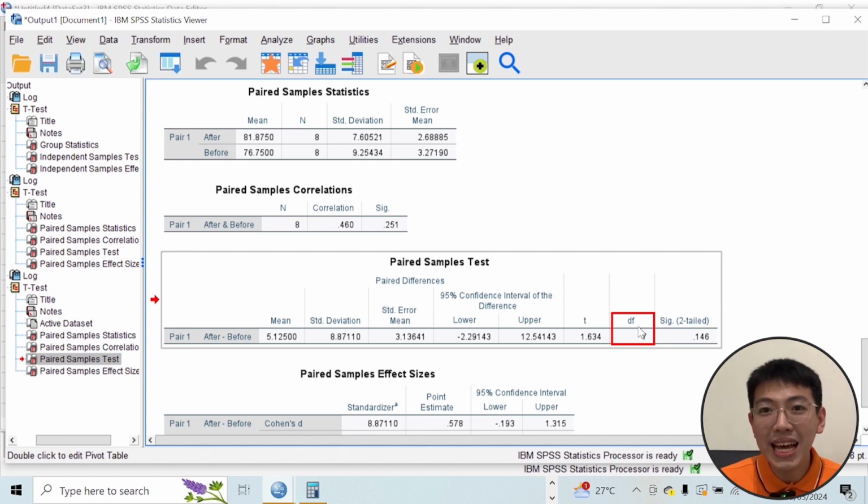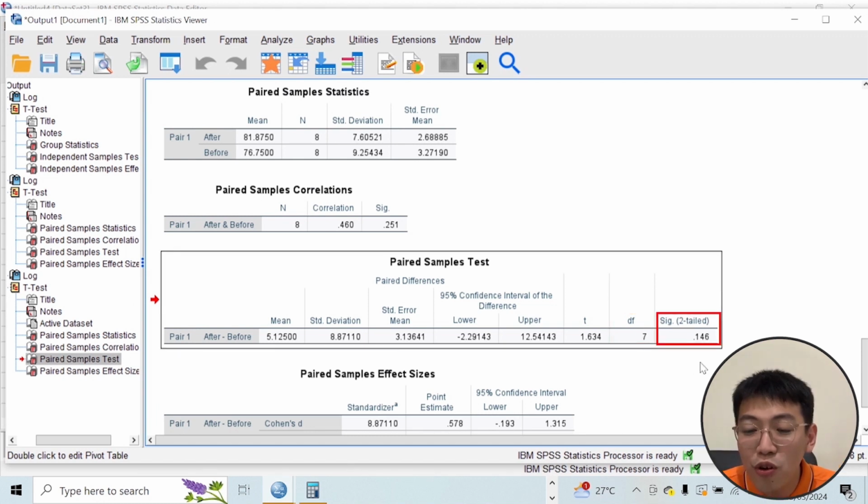Okay? Again, we need to compare the p-values to know whether we should not reject or reject the H0. This is the p-value for two-tail. We can see here that the p-value for two-tail is 14.6% or 0.146. It is larger than the significance value.